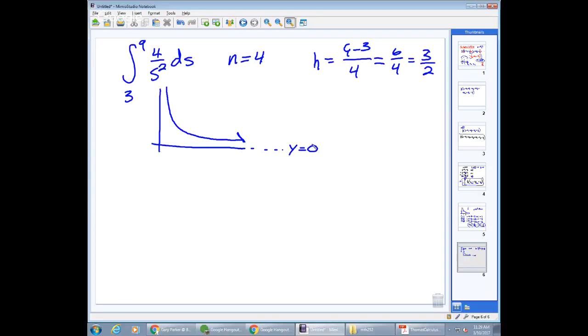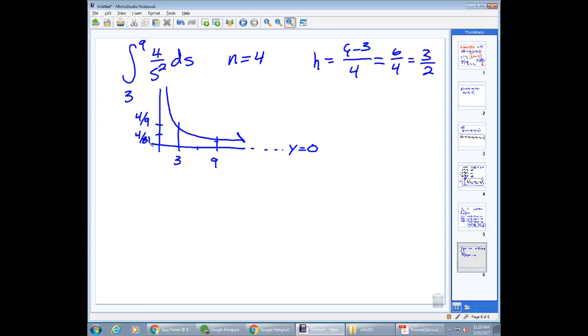Let's suppose this is where 3 is, and if that's 3, 6, 9 is probably somewhere over here. I'm zoomed in on this. If we plug in 3, we get 4/9ths. And if we plug in 9, that would be 4 over 81. My scale isn't very good, but I'm just going to go with it.